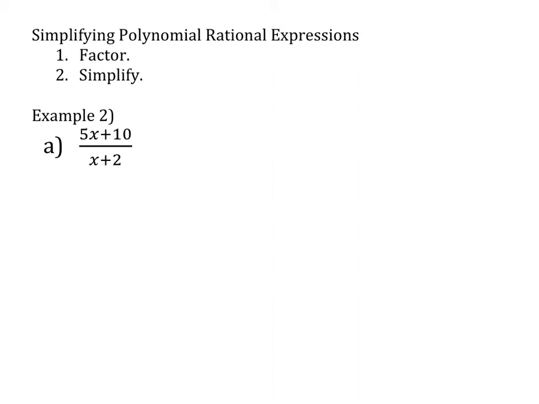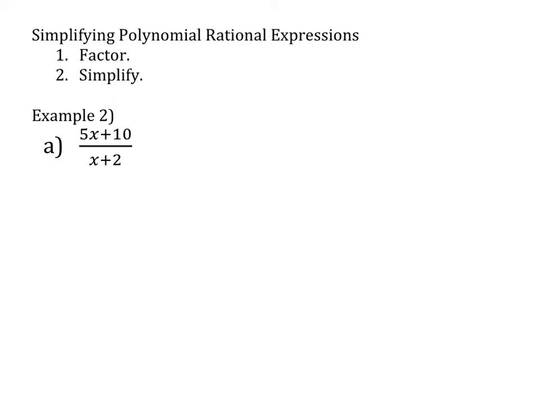Now we're going to look into simplifying polynomial rational expressions. For this, there are 2 steps. First step is to factor, second step is to simplify. So looking at this first example, 5x plus 10 divided by x plus 2. Whenever you're doing this, you want to simplify the simpler side first, right? So my denominator here is simpler, but I can't factor anything out.